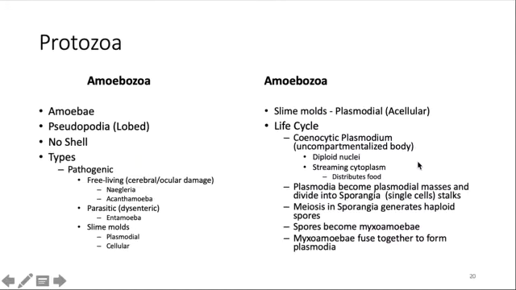Then you have Amoebozoa. Amoebozoa are slime molds. They are plasmodial. That is, they are acellular, so you can't really say they have cells. In terms of their life cycle, they have body parts that are not compartmentalized.